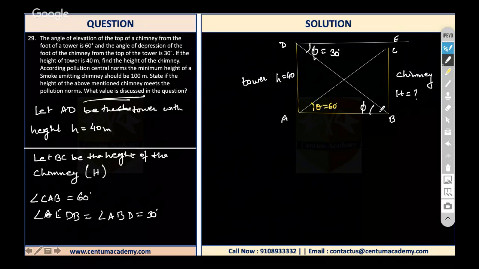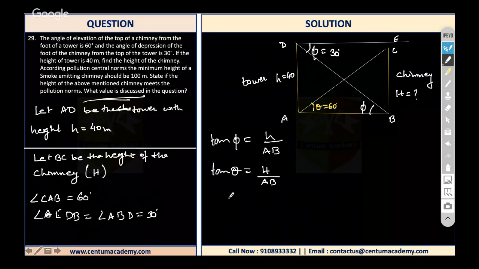Now, AB is common to both, so we'll use again the same. So tan of phi, that is 30 degrees, is nothing but h upon AB, and tan of theta is capital H upon AB.